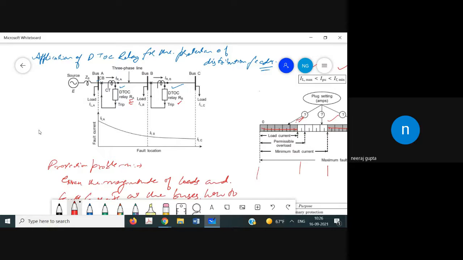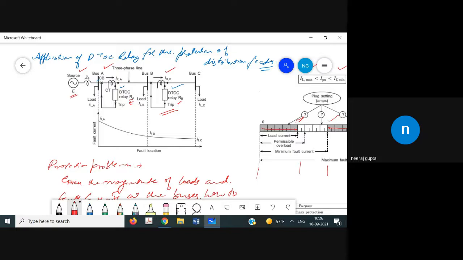Okay, since this is the source, this is the relay A, this is the relay B. So relay B is at the tail end of the system, because the source is connected here.